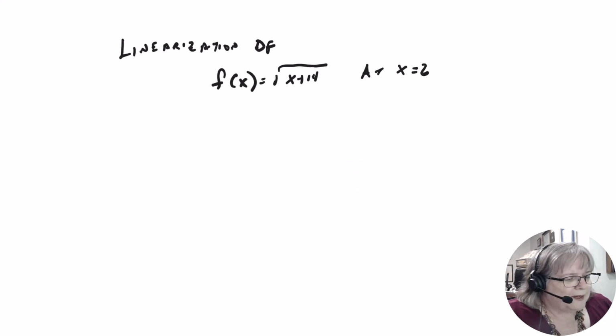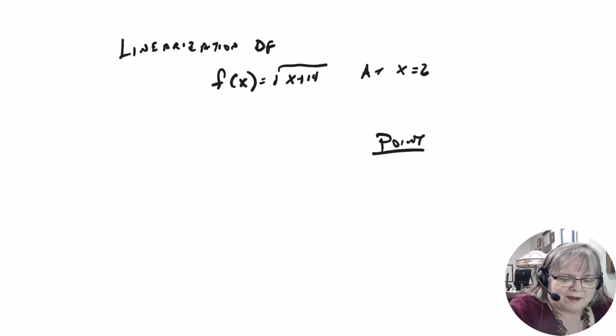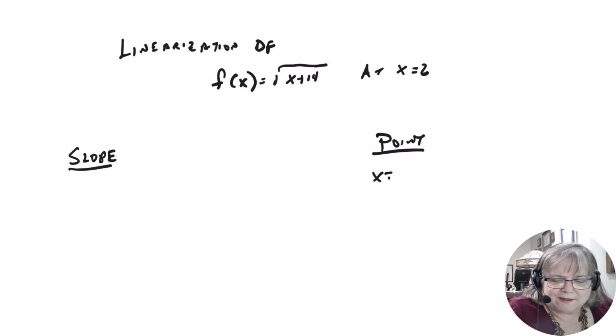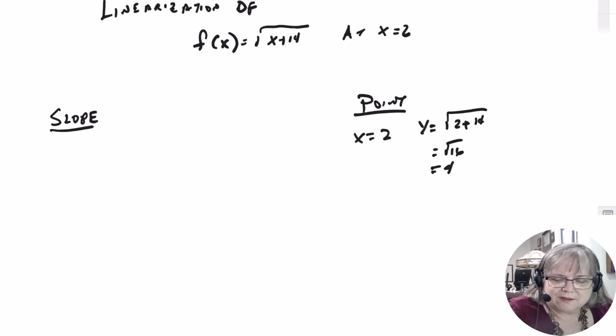So here we go. Now, to do the linearization, I need a point and I need a slope. For the point, when x is equal to 2, y is equal to the square root of 2 plus 14, which is the square root of 16, which is 4. So your point is (2, 4).